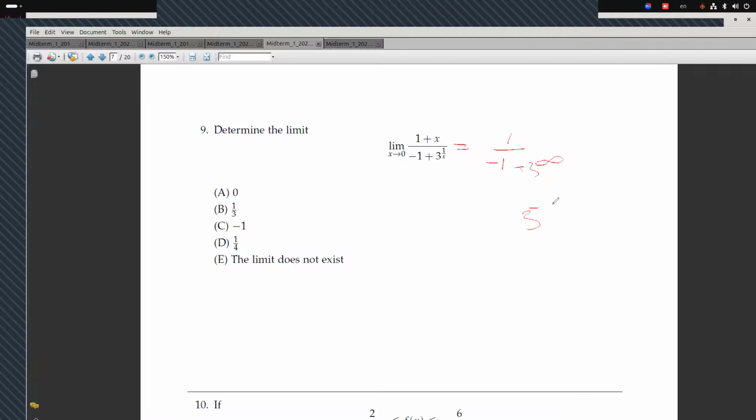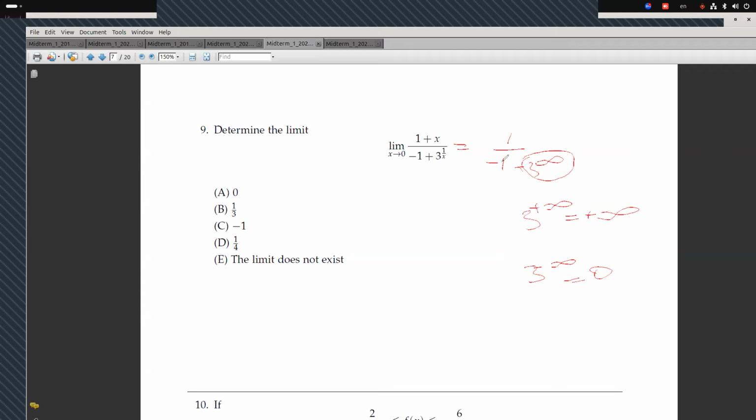Is it 3 to the power of plus infinity? Then yes, you are right, it is infinity. But what if we have 3 to the power of minus infinity? It tends to 0. Yes, in this case it will be 0. So it depends which case we have here. If 3 to the power of infinity is infinity, then it is 0. But if it is 0, we will get minus 1.